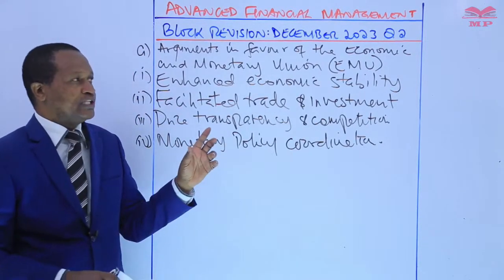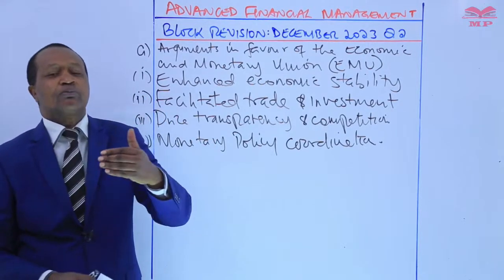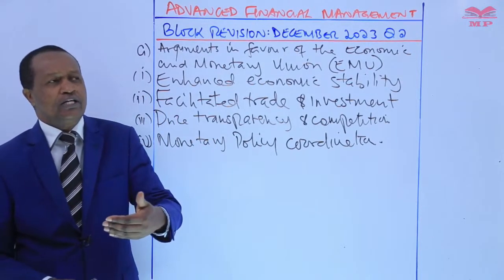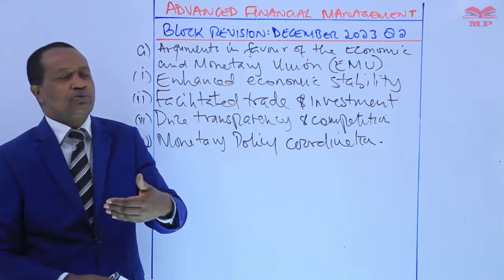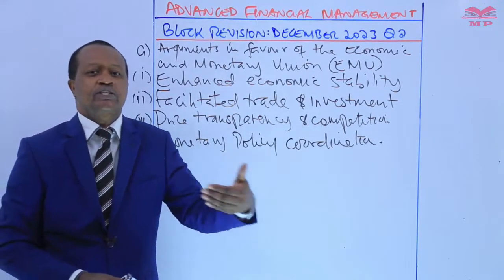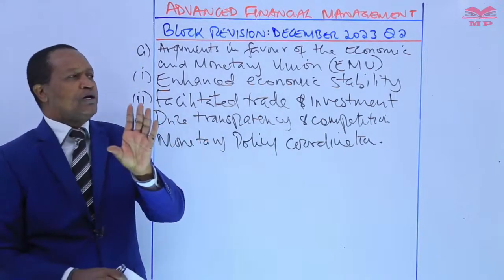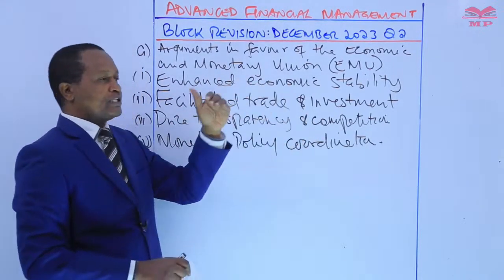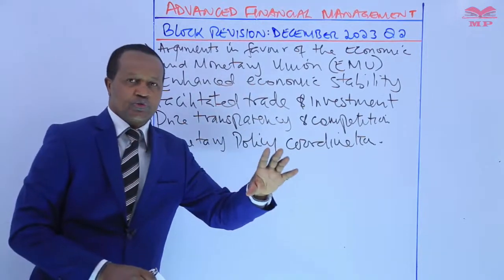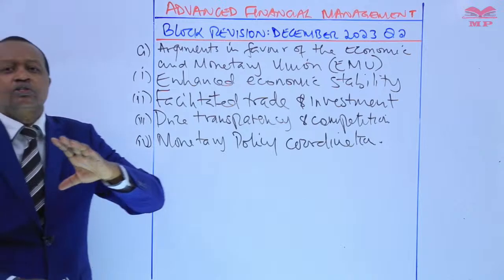And such coordination, candidates, enables policymakers to respond more effectively to economic challenges, to economic shocks, such as inflation or recession, thereby ensuring a more stable macroeconomic environment across the Eurozone, across Europe.